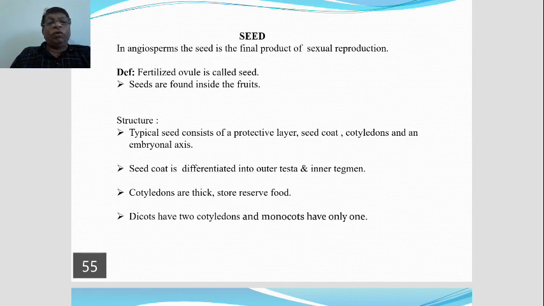The seed coat, as I already told you, is a protective layer. It protects the seed from infection, from UV rays, etc. This seed coat is differentiated into two layers, outer testa and inner tegmen.